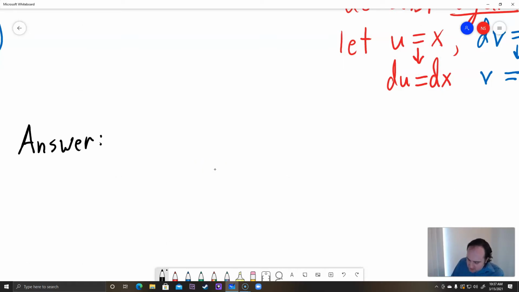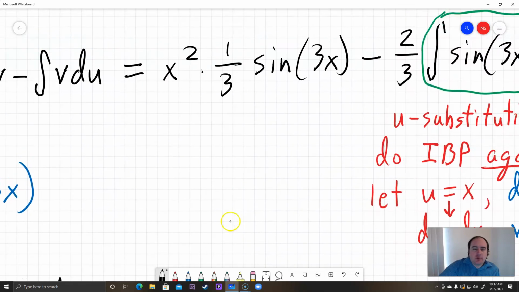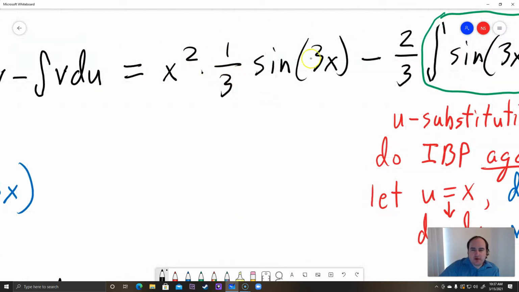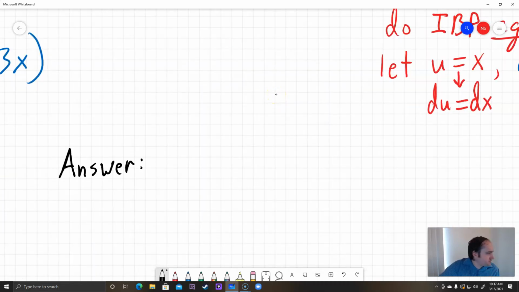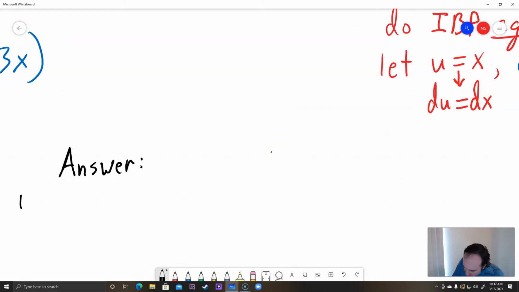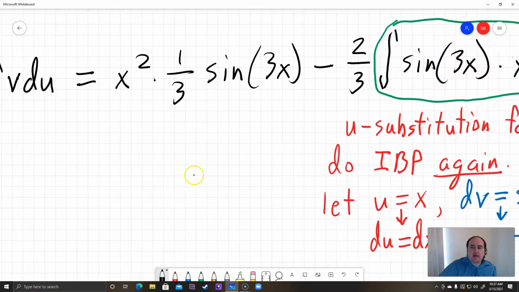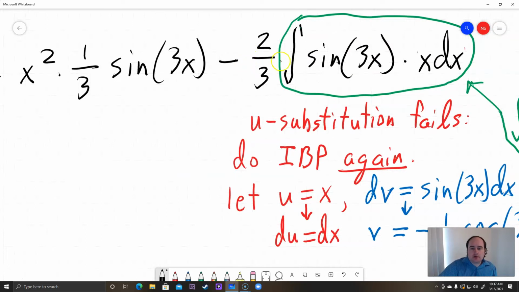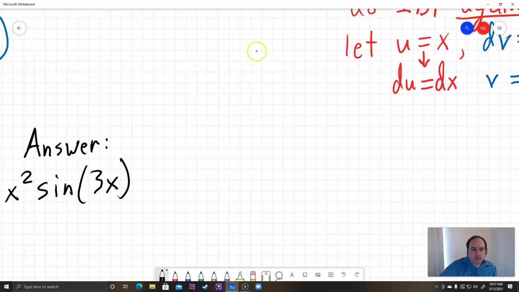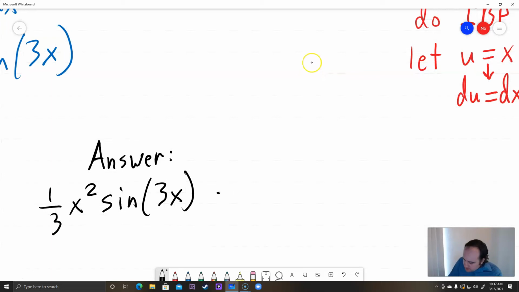Okay, so the final answer is, well, plugging in here, this one we can bring the 1/3 out front. So we have 1/3 times x squared sine of 3x. All right, and then we also had minus 2/3 times the green integral.